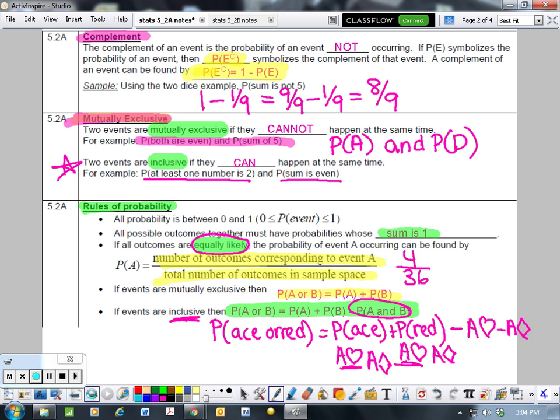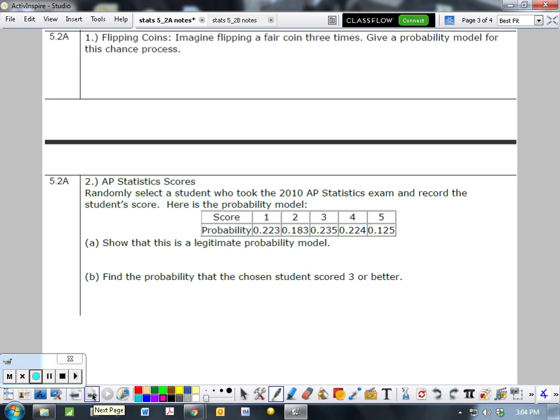Okay, so imagine we're flipping a fair coin 3 times. Give the probability model for this chance process. Okay, so our probability model has to have a sample space. So we've got to look at all of our possibilities.